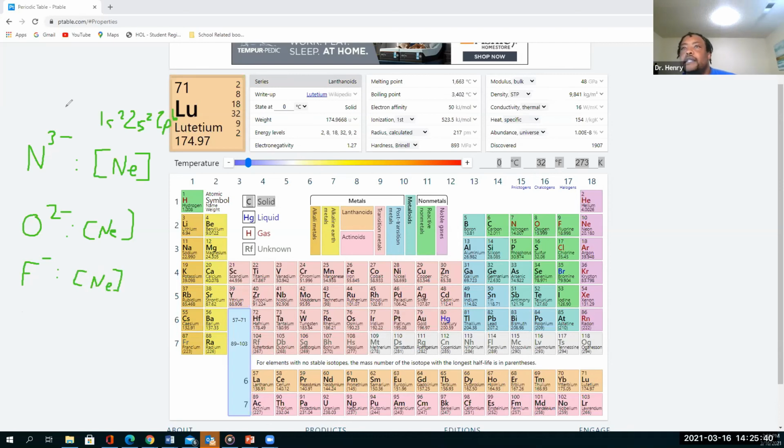Then, of course, this is what neon's electron configuration is, right? The fact that they all have the same electron configuration is called isoelectronic.